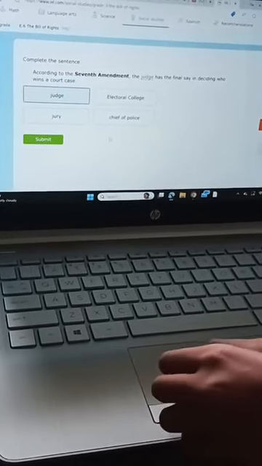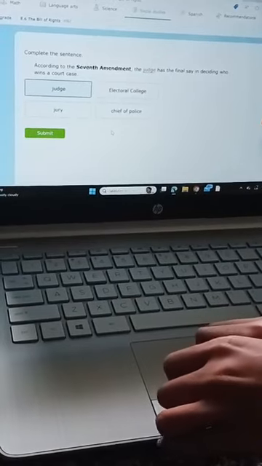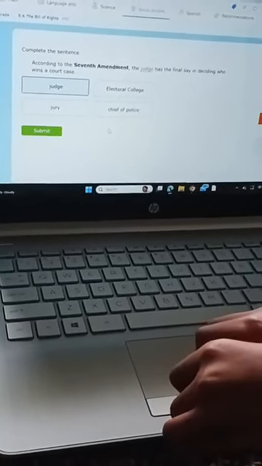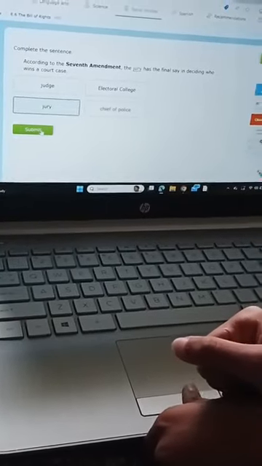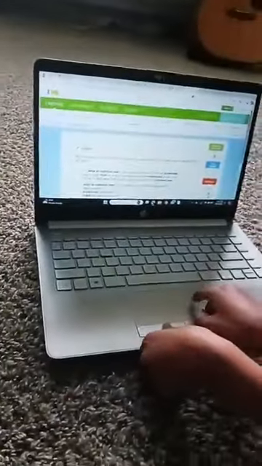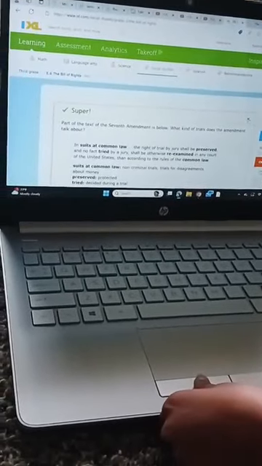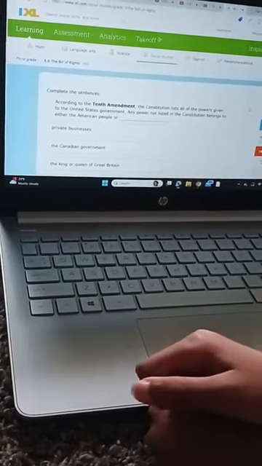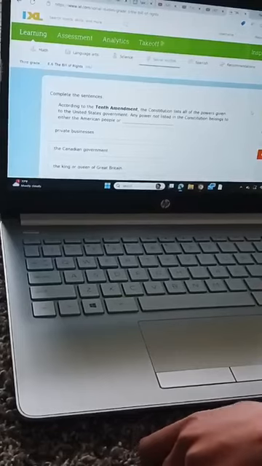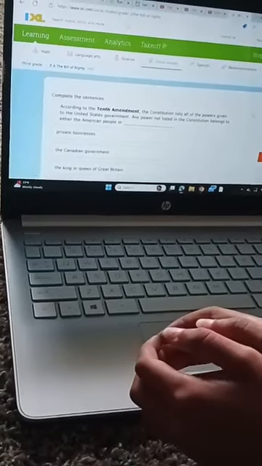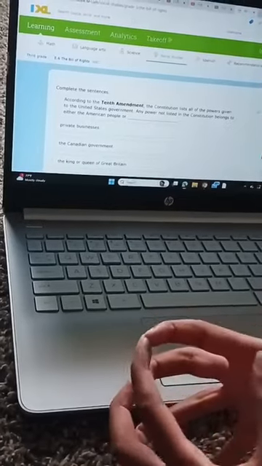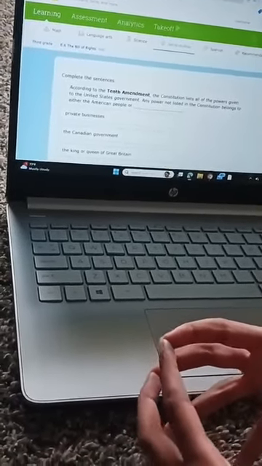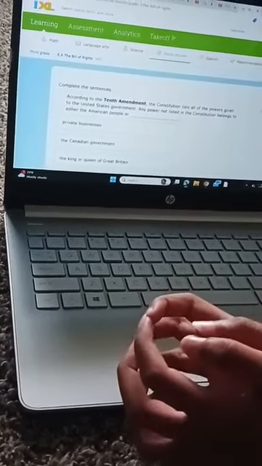Did you read the seventh one? Where does it say judge up there? You can go down and you can see all the answers.